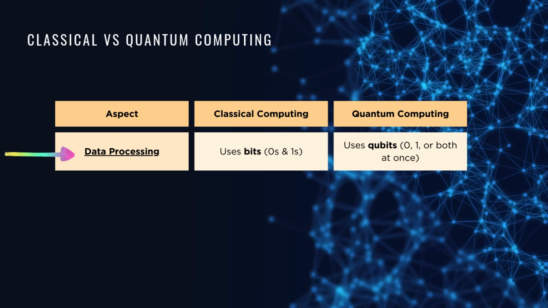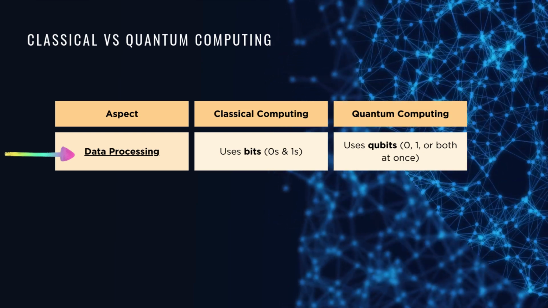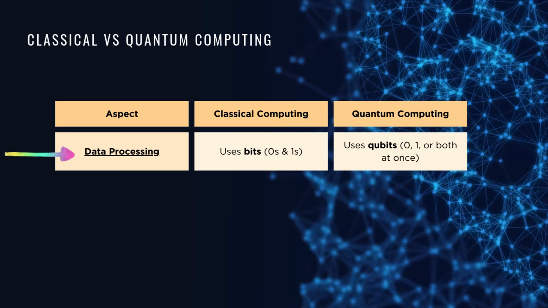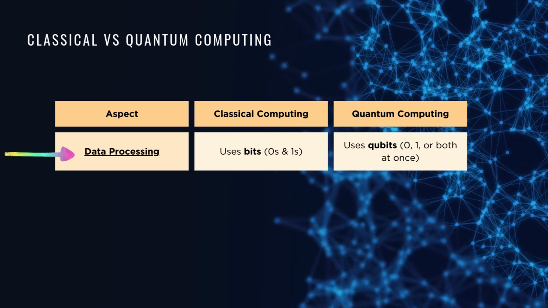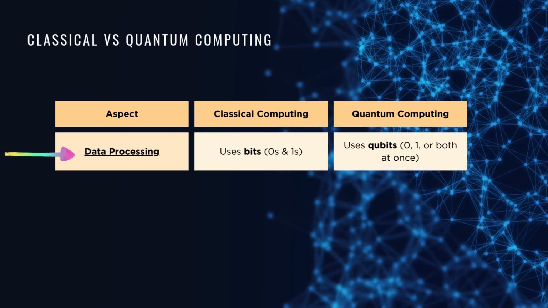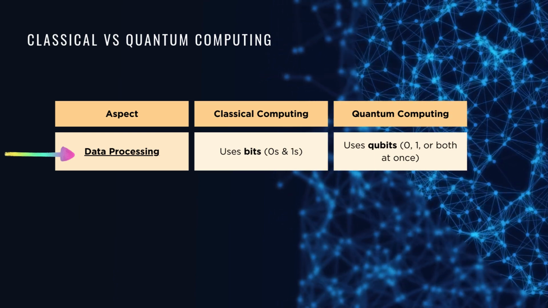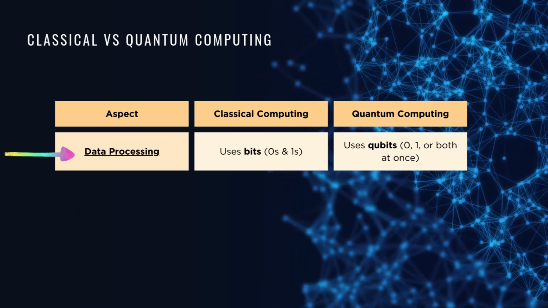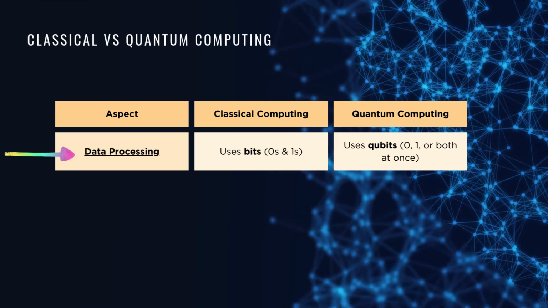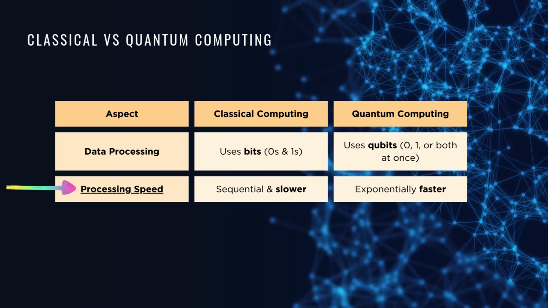Data processing. Classical computing uses 0 or 1 as bits for storage, whereas quantum computing uses qubits. It can have 0, 1, or both at once. It can fluctuate between 0 and 1 in multiple ways. Processing speed.